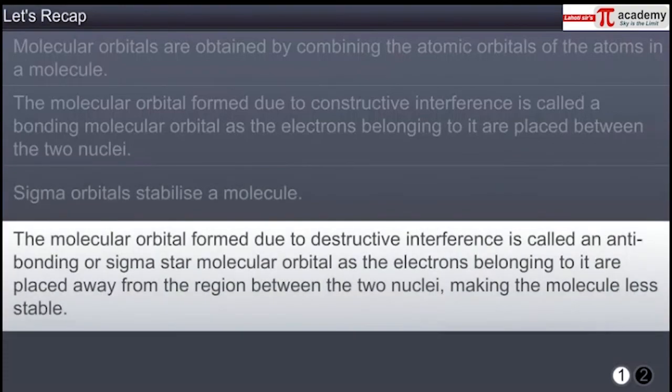The molecular orbital formed due to destructive interference is called an anti-bonding or sigma star molecular orbital, as the electrons belonging to it are placed away from the region between the two nuclei, making the molecule less stable.